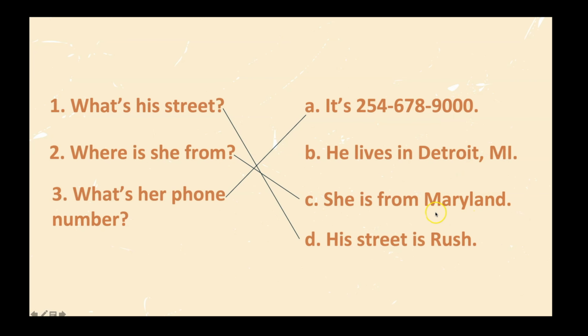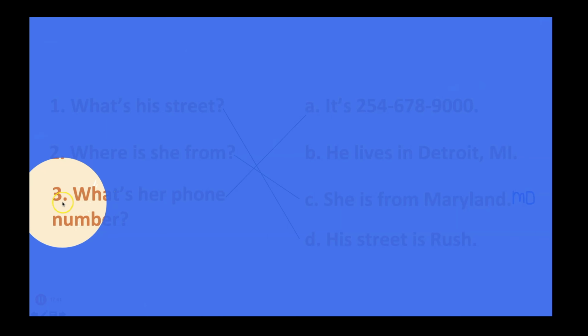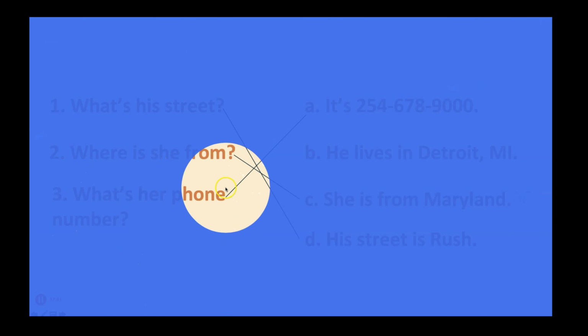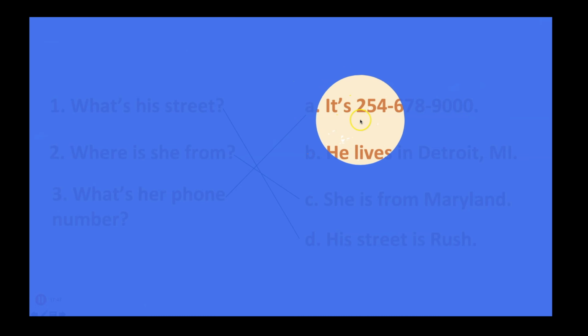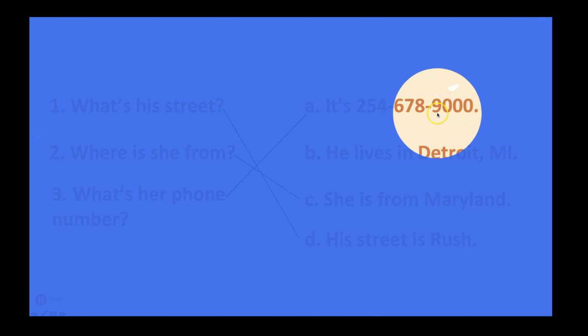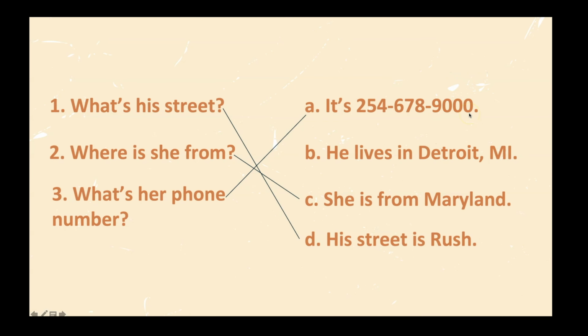And Maryland is a state in the United States, and this state begins with a capital M, and the abbreviation is MD. And number 3, what's her phone number? It's 254-678-9000. Good job.